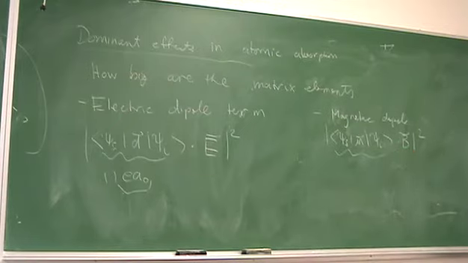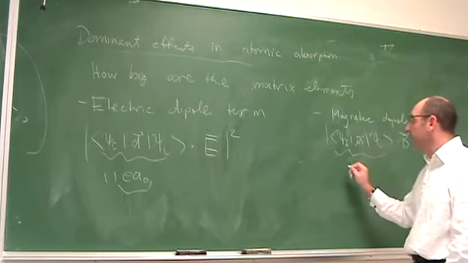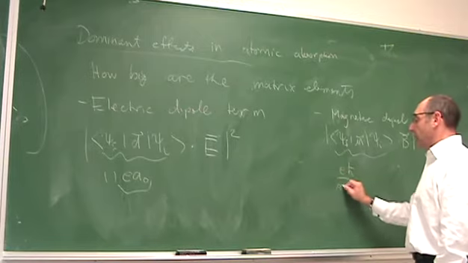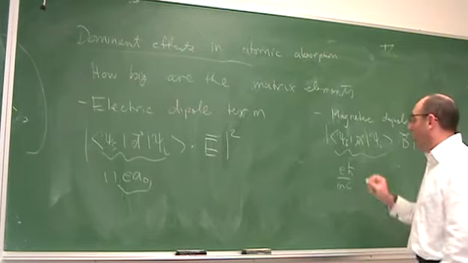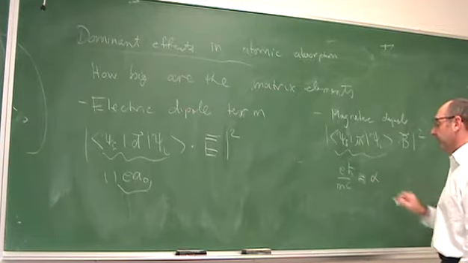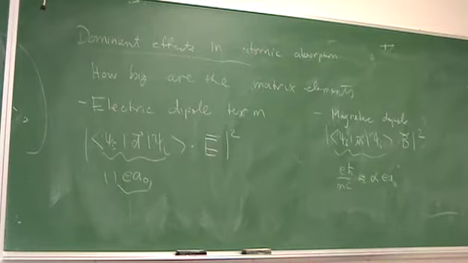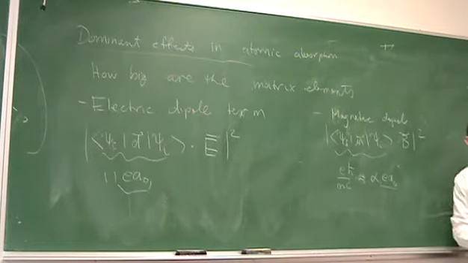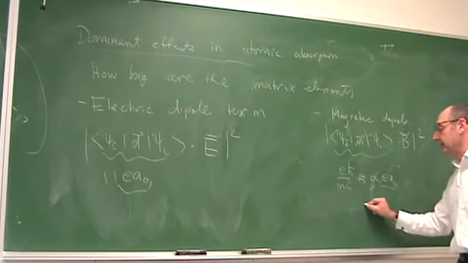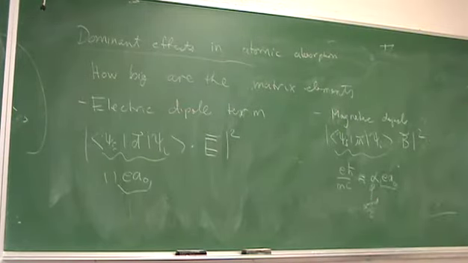Well, in the atom, from the characteristic units, this was the Bohr magneton, right? This was e h bar over mc, which is equal to the fine structure constant times the same electric dipole term. Remember, this is the speed of the electron in units of the speed of light.